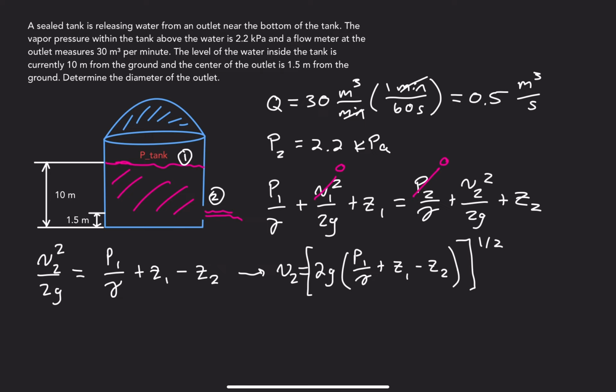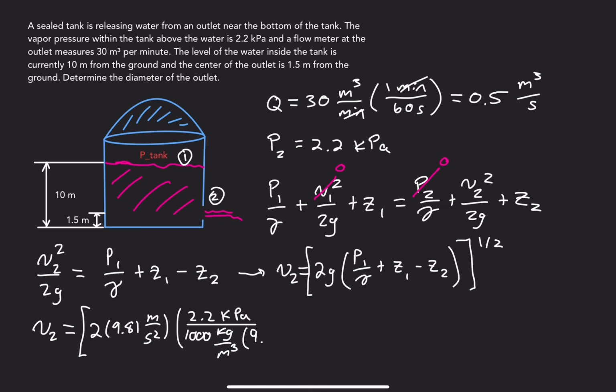Okay. Now, going to add in the numbers. Specific weight is equal to density times the gravitational constant. Z1 is 10 meters and Z2 is 1.5 meters.